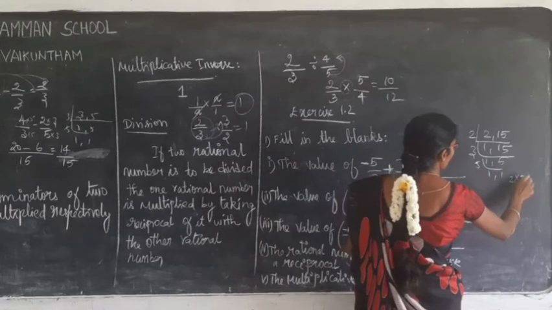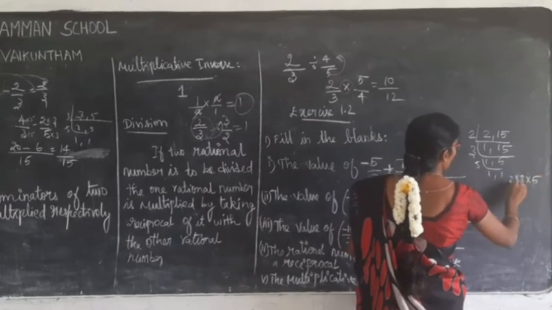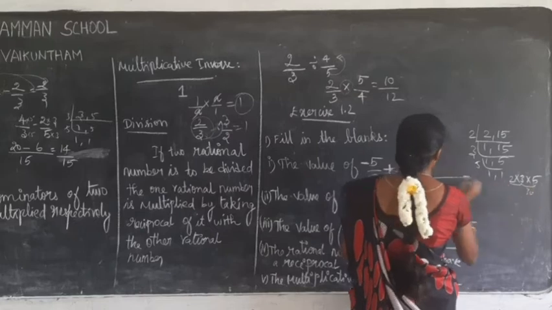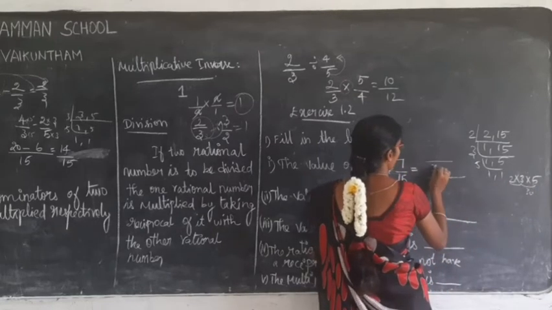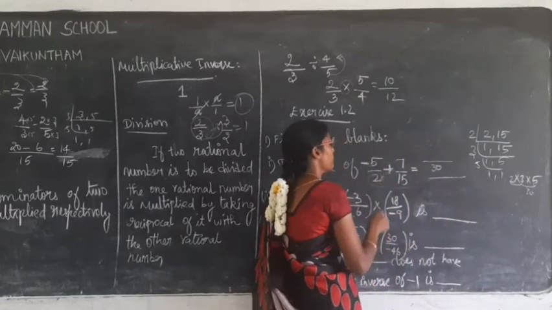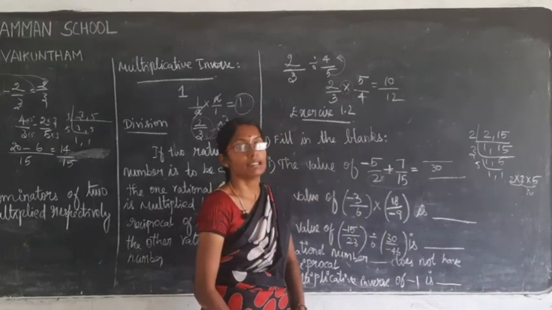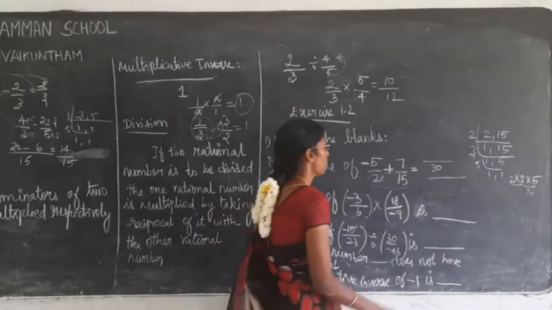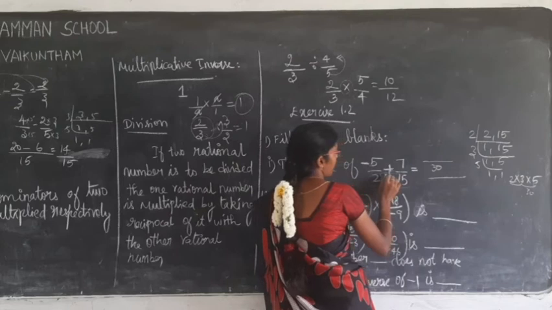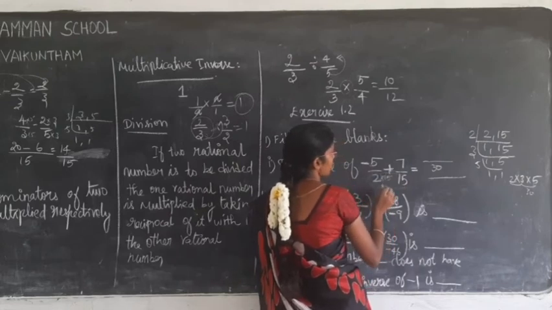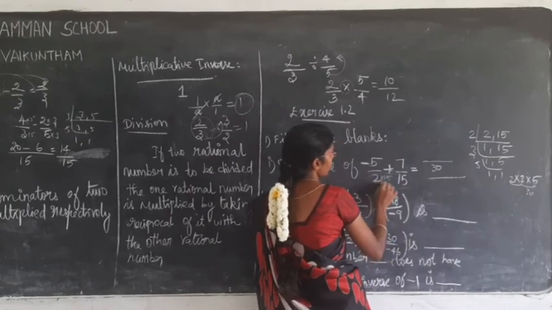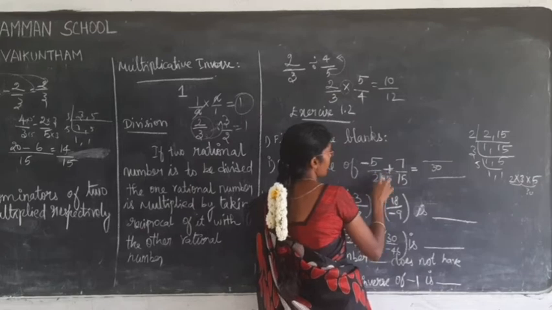So 2 into 3 into 5. 2 3s are 6, 6 5s are 30. So 30. Which number is to be multiplied by 2 to get 30? So 15. 5 2s are 10, balance 1, 2 1s are 30.